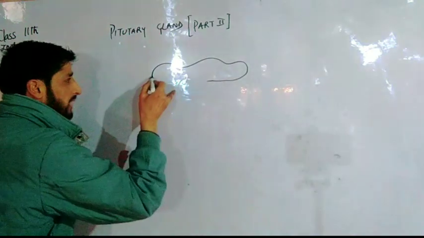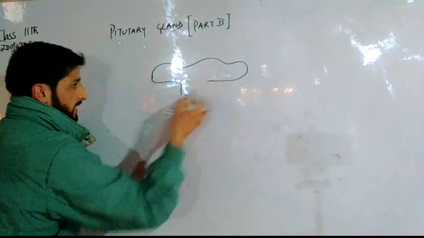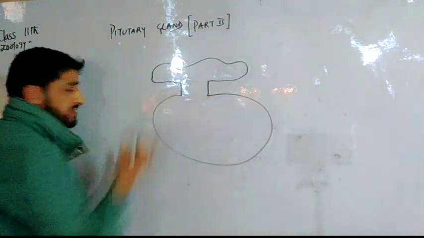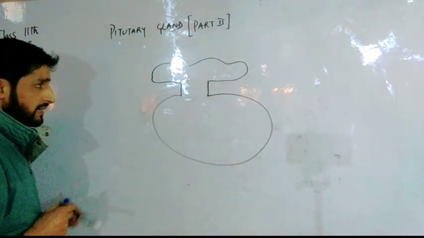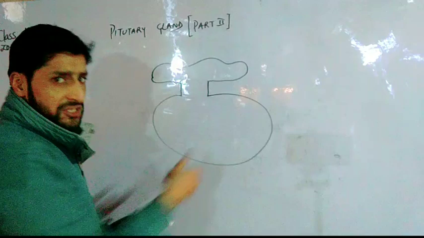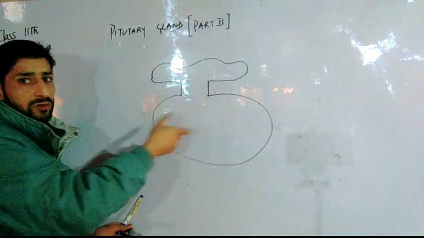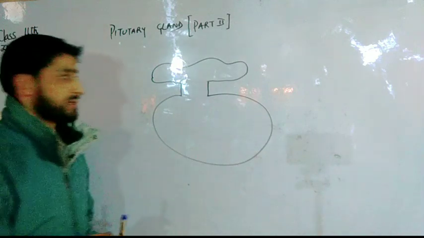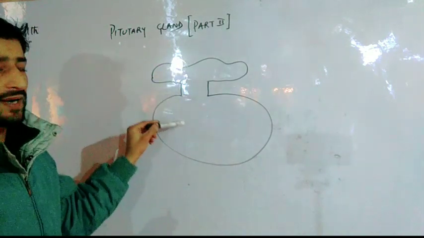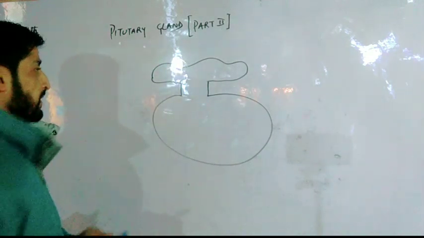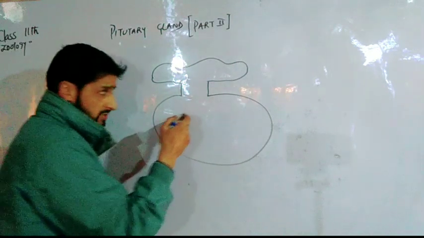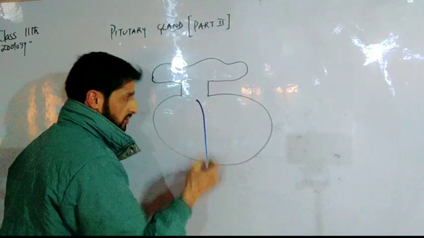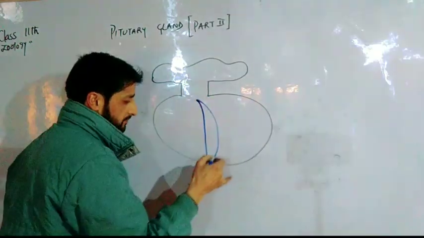if it is a hypothalamus, attached with the hypothalamus is a very special structure. That special structure you call the pituitary gland, and we have studied its dimensions as well as its location, and the hypophyseal portal system, the hypothalamic hypophyseal portal circulation. Simultaneously, we have also studied that the pituitary gland is composed of two parts.